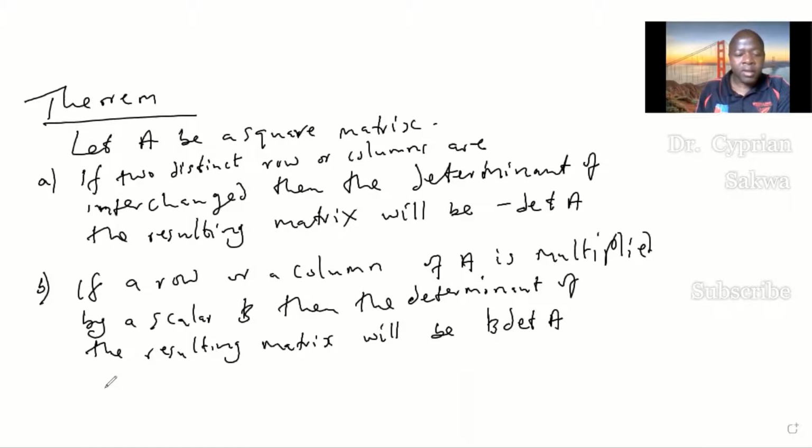So if you have a matrix and you multiply a row by a constant, then what you expect is that the new determinant will be the older determinant times that constant.